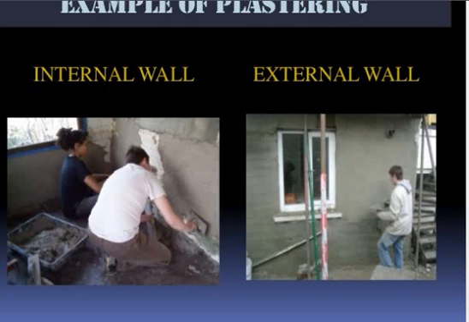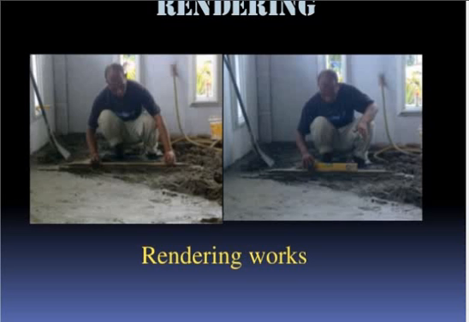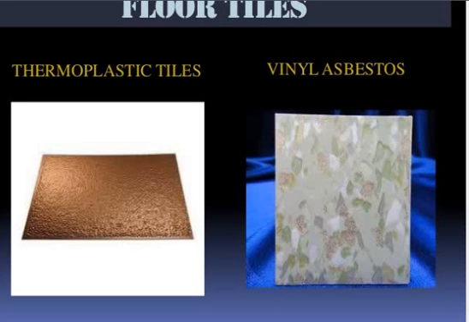As shown in this slide, internal plastering consists of three layers, and external plastering consists of just two layers. Two pictures here show rendering works. Okay, what about the floor tiles?